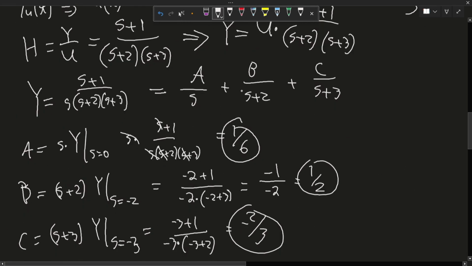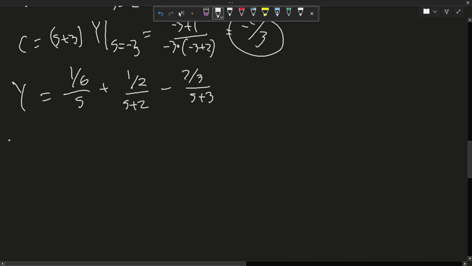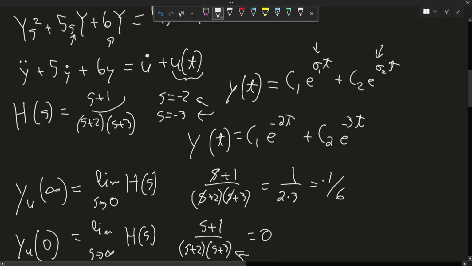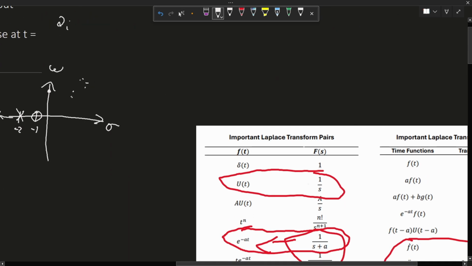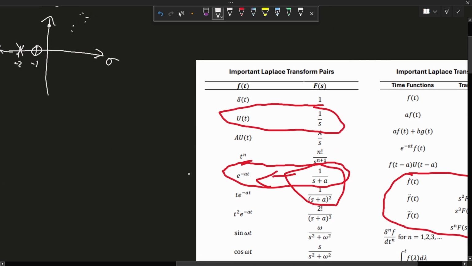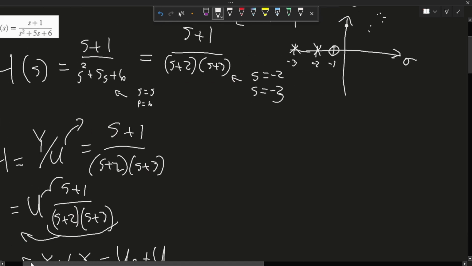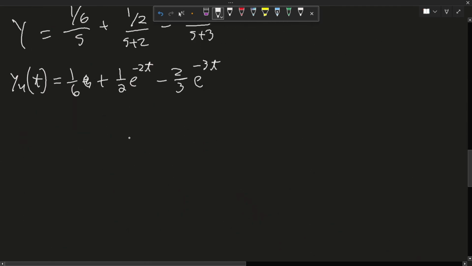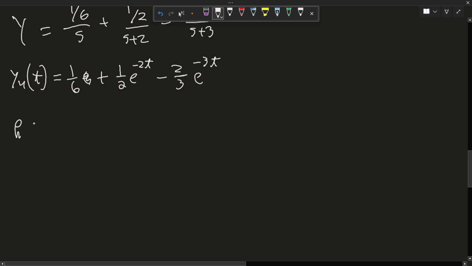So finally, doing the inverse Laplace transform, you would get y of u of t equals 1/6 plus 1 over 2 e to the power of negative 2t, minus 2/3 e to the power of negative 3t. If it's just something divided by s, you just keep it that way when you do the inverse Laplace transform. Lastly, it's asking you to find h of t.